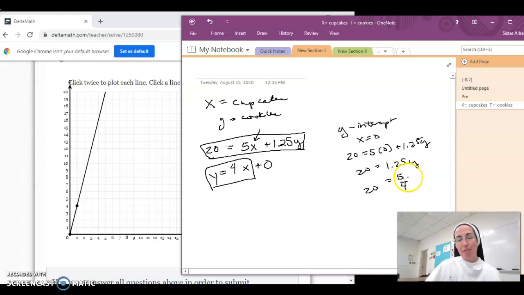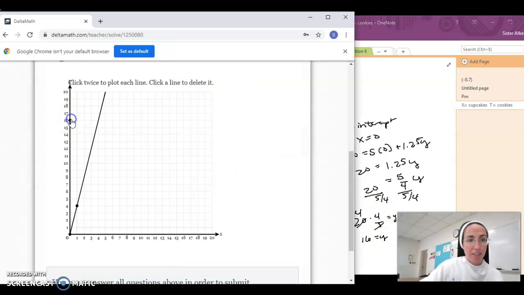Then I can divide by 5/4 on both sides, which is the same thing as multiplying by 4/5. So 5 cancels, leaves me a 4. 16 is my y-intercept. So I know that my line starts here. I just don't know what the slope is, at least not yet.